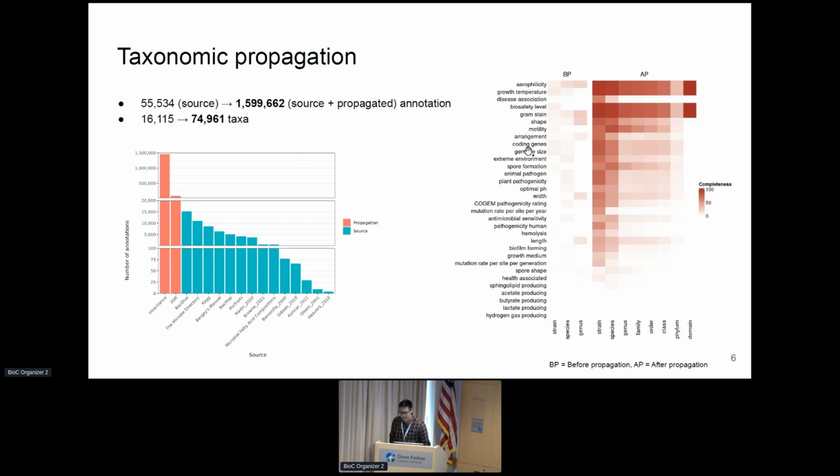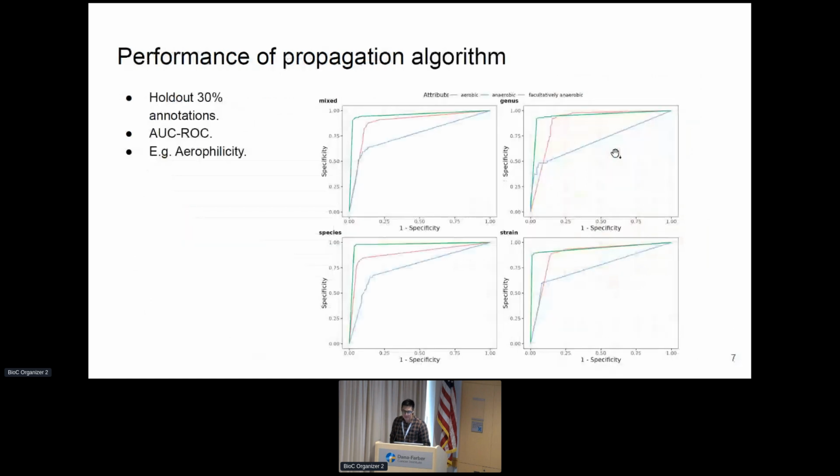You can see on the right this heat map. On the rows, you can see the 32 physiologies or attribute groups, and on the columns, different taxonomic ranks. So we went from having very little at strain, species and genus to having a lot for some of the physiologies. So the performance wasn't the same for everyone, but I think it's relatively good.